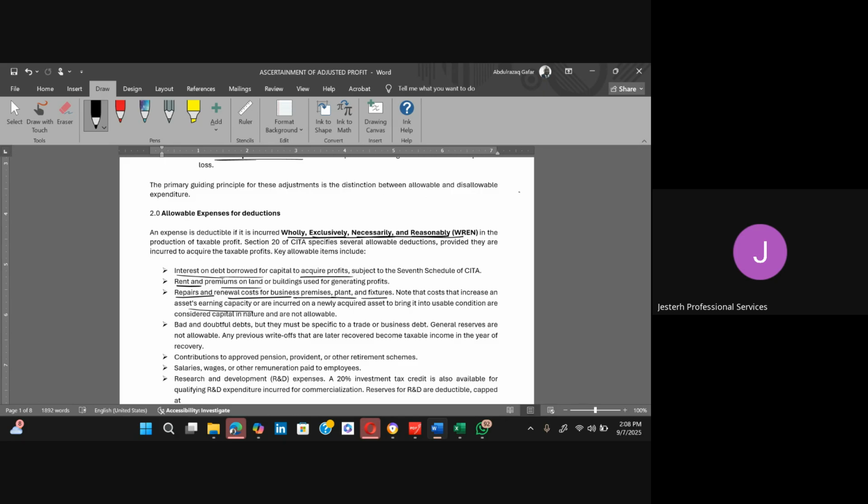So any expense that you incur that is capital in nature, you may do some repairs, or maybe you are doing an overhauling of an asset, and if that overhauling is a capital expense in nature, you will not be allowed to take it as an allowable expense.